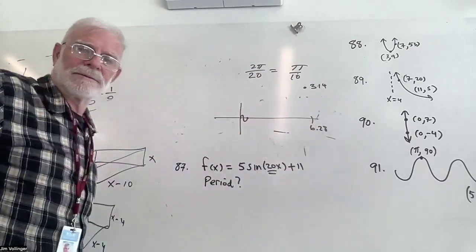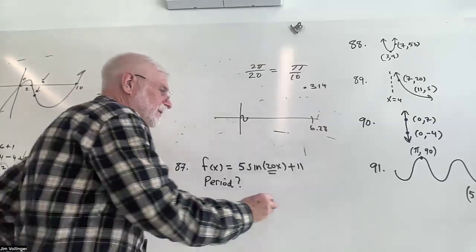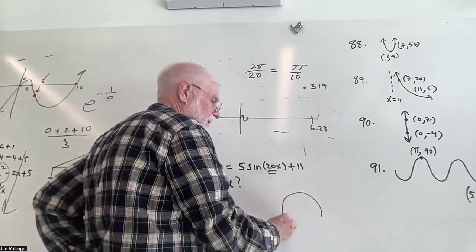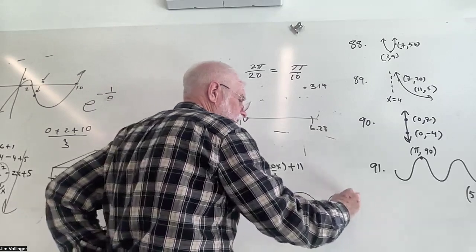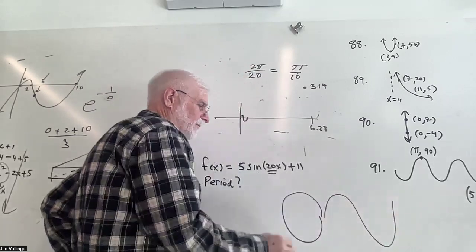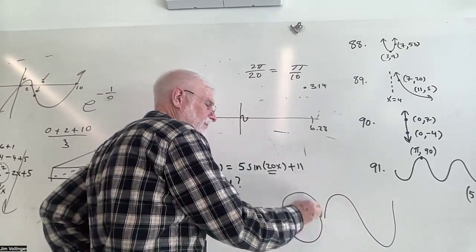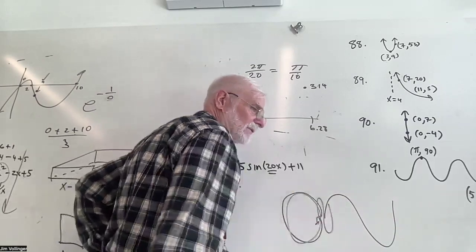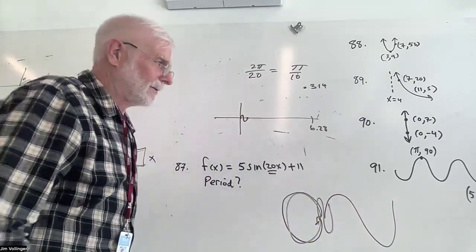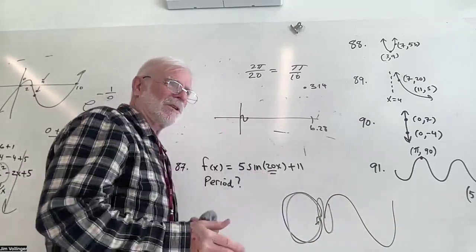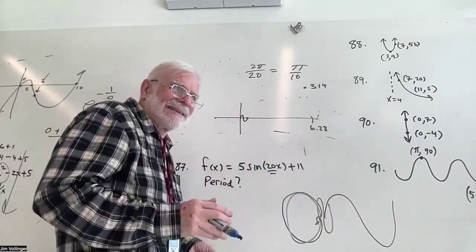Why? Because as you walk around the circle, you get a graph that looks like this. Well, what if I walk around the circle 20 times faster? Boom, you get a graph that looks like that. I increased the speed at which the angles are coming at us.